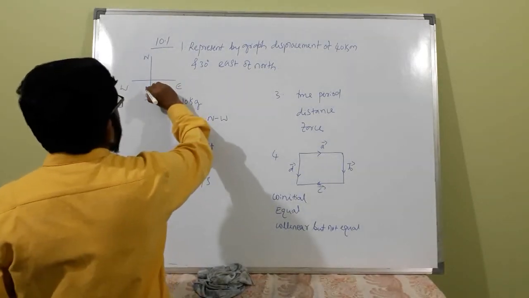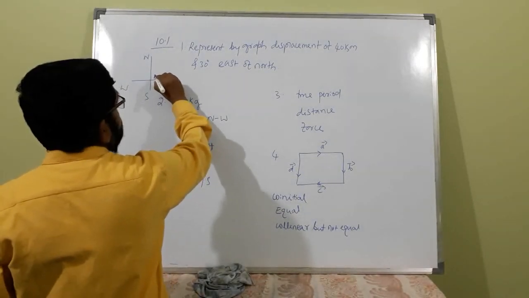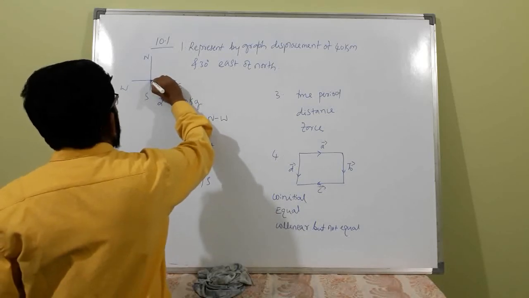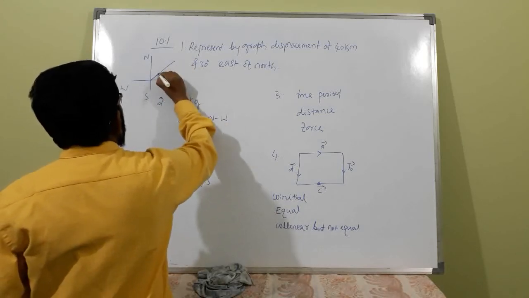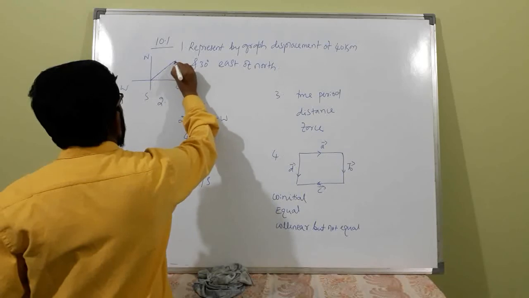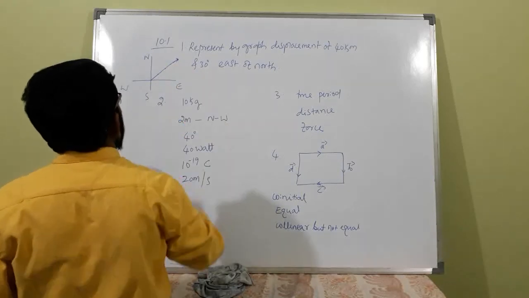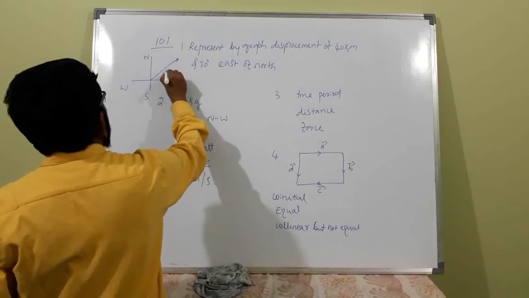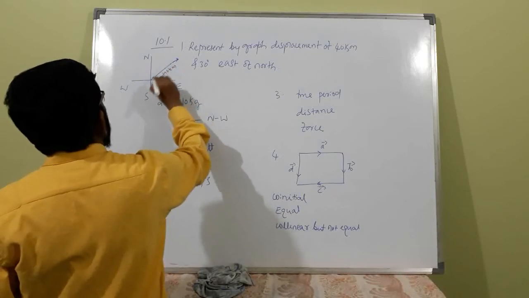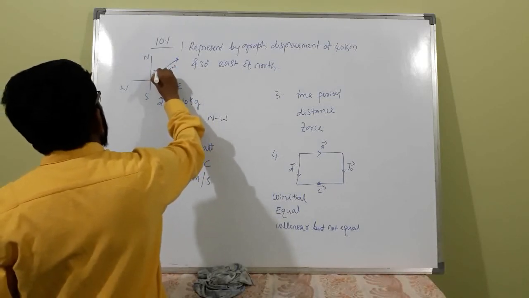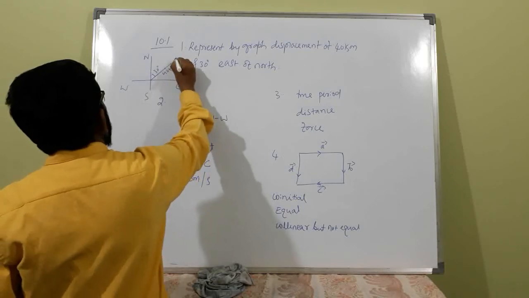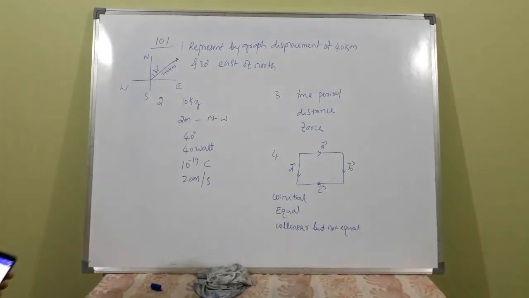From here, north 30 degree, and 1, 2, 3, 4 units. This is 40 kilometer and this is 30 degree. This is a vector quantity. 30 degree means angle, which means direction.